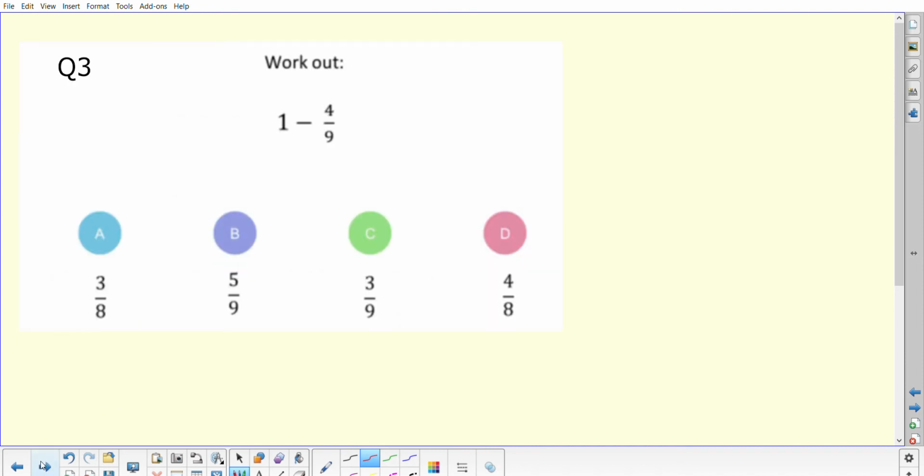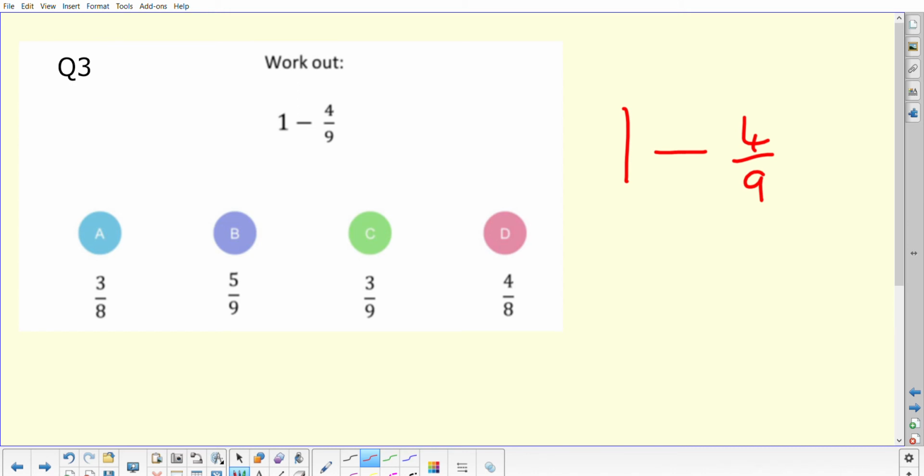And for this one, which is maybe a wee bit trickier, it does require you to think about, if you have a whole piece of something and somebody eats 4/9 of it, how many nines make that one whole piece?